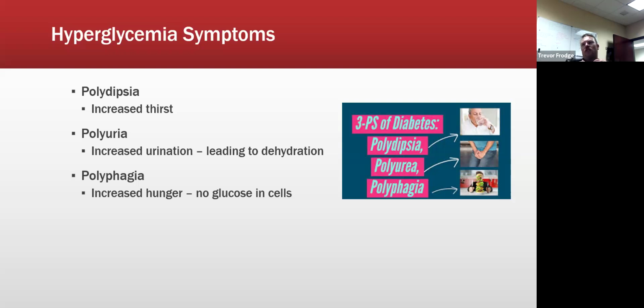So they take in water because they're peeing a lot, so they get really, really thirsty. And since there's no glucose in your cells to be had, your brain, which craves glucose, is going to be saying, hey, you need to eat. I need sugar. So they're going to eat, which again leads to dehydration, which in turn leads to thirst. So they're hungry, they're thirsty, and they're urinating a ton, all just because of the pathophysiology of hyperglycemia.